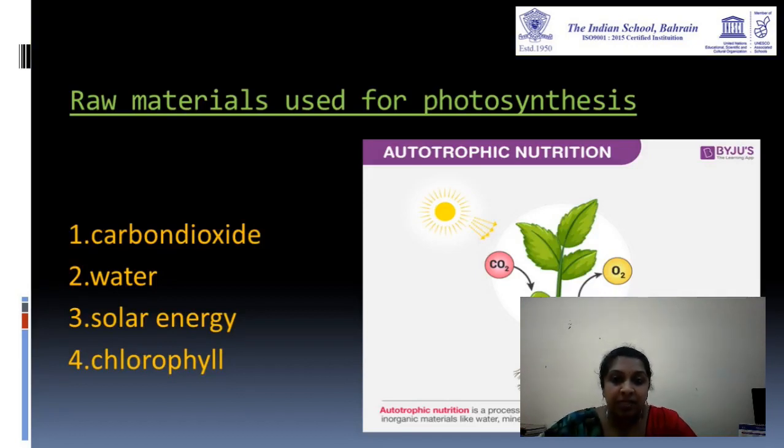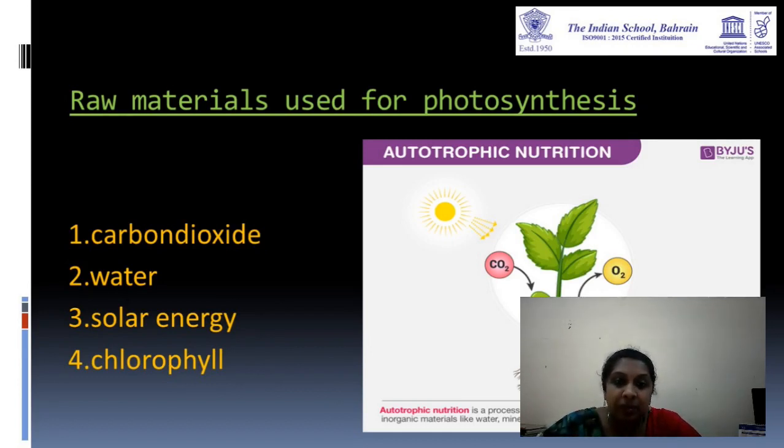The raw materials that are used for photosynthesis are carbon dioxide, water, solar energy and chlorophyll, which are obtained by plants through various ways. Plants take in carbon dioxide from the atmosphere. Plants get water from the soil because the roots of the plant help the plant to absorb water from the soil.